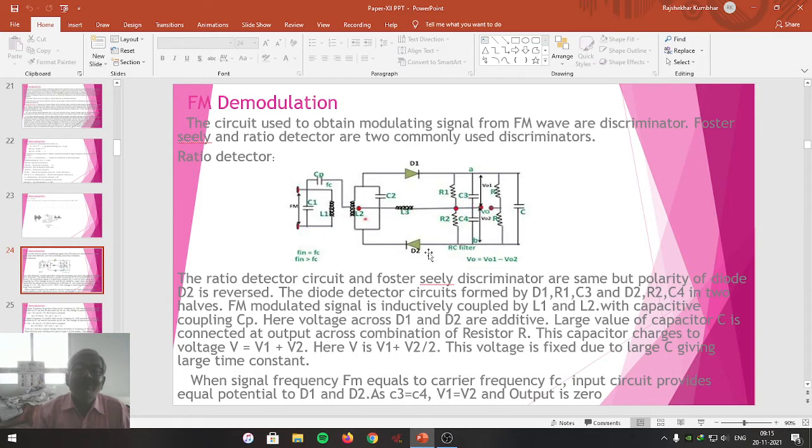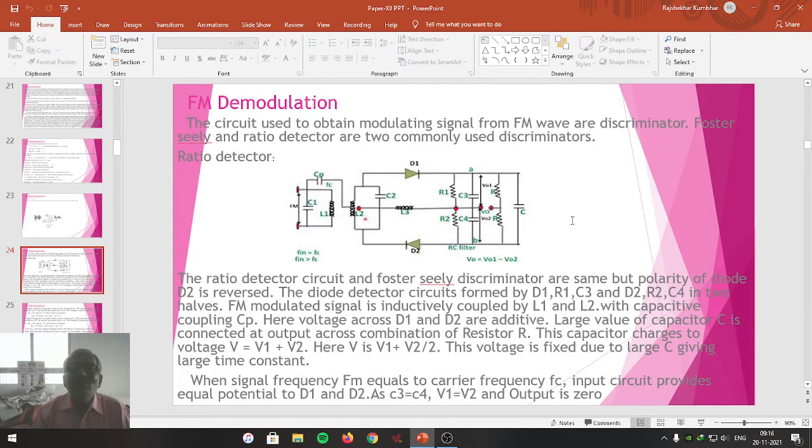The polarity of the diodes in both circuits is exactly opposite. In the ratio detector, both are in opposite direction, but in the Foster-Seeley discriminator, both are connected in the same direction. With that difference, the rest of the circuitry remains the same.